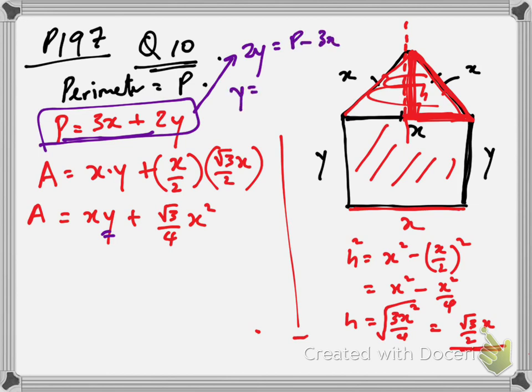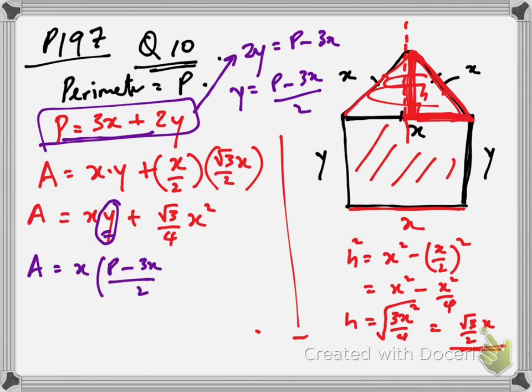So y equals p minus 3x over 2. Okay, let's substitute in here. We end up with area equals x times p minus 3x over 2 plus root 3 over 4 x squared.